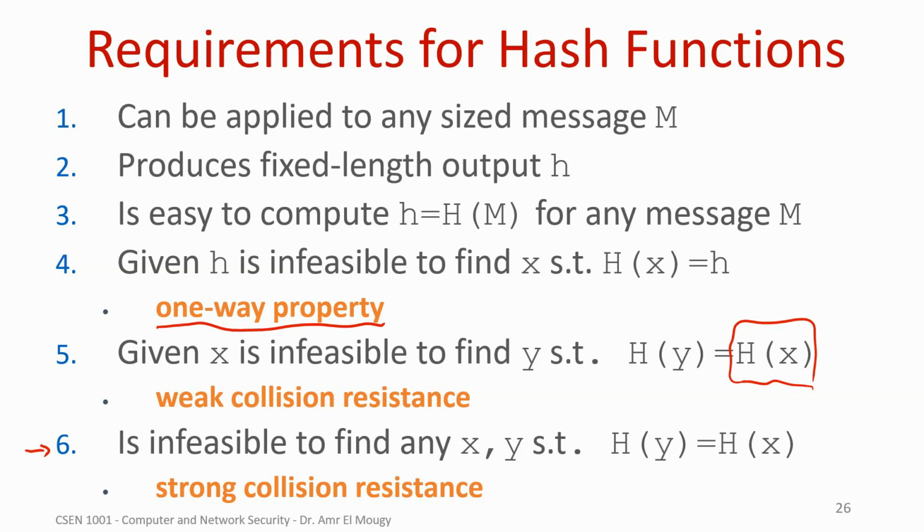You are incapable of finding any two messages that have the same hash. And this is called the strong collision resistance. This requirement of strong collision resistance makes it increasingly more difficult to design a secure hash function. If you demand that your hash function has strong collision resistance, it becomes much more difficult to design it.